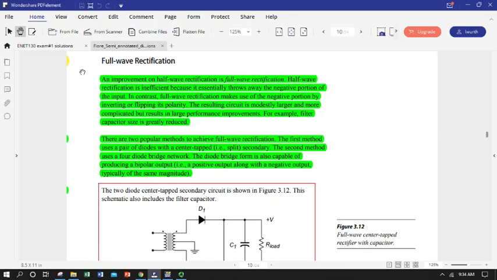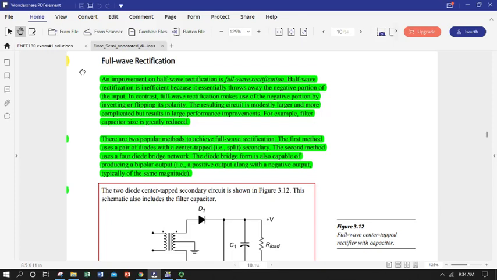And the way we do that is to use additional diodes and achieve what we call full wave rectification. So what that means is effectively we're going to shift the flow of current coming out of our transformer secondary such that we take both the positive and the negative half cycles, but we shift those relative to ground such that they both flow through the load in the same way.